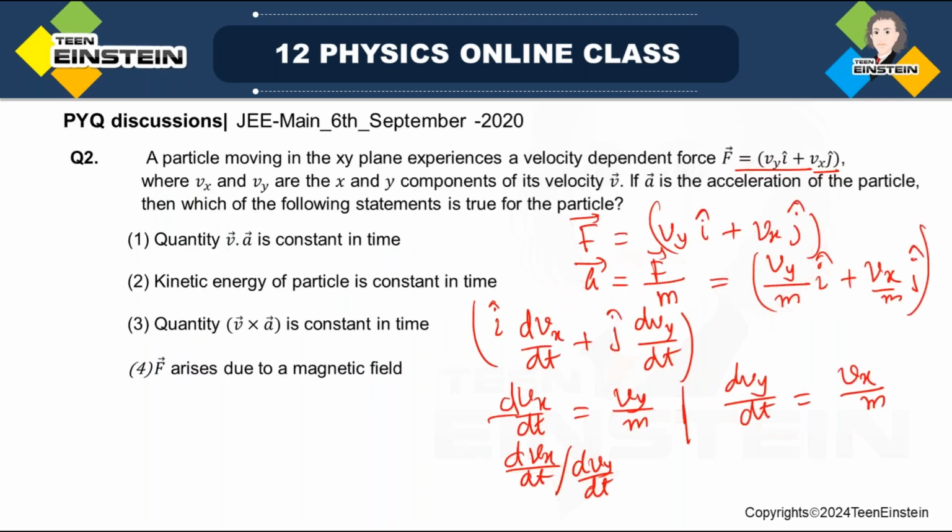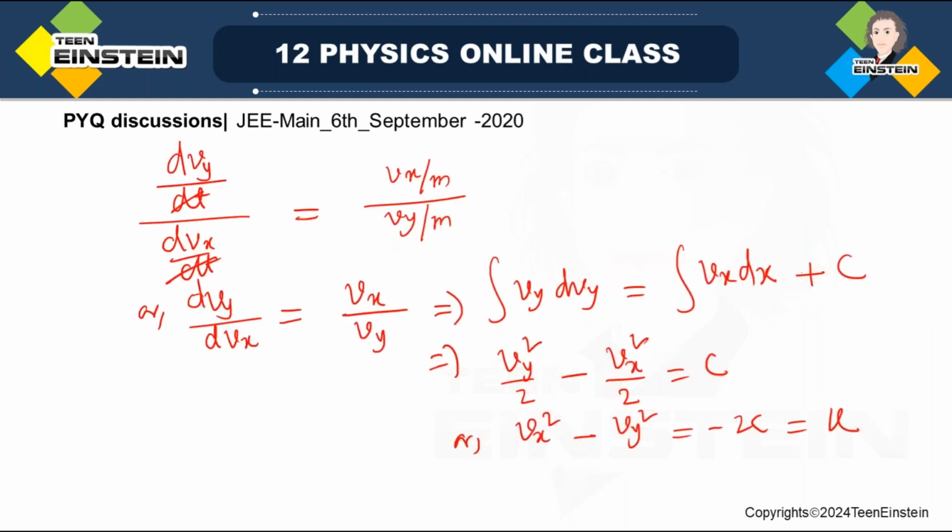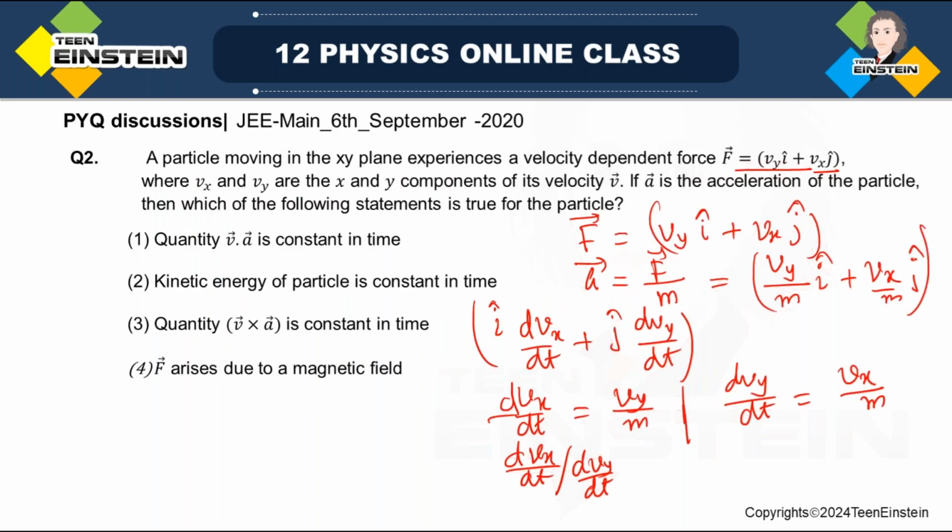So with this, see, the kinetic energy of a particle is constant in time, that part is not happening. Okay, kinetic energy in this case, when the force is not a constant or not a conservative one, then the kinetic energy cannot be constant. Kinetic energy is going to be changed.